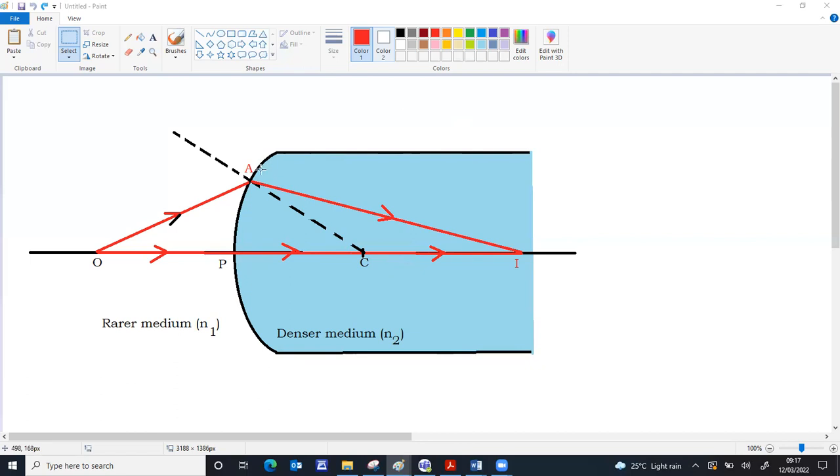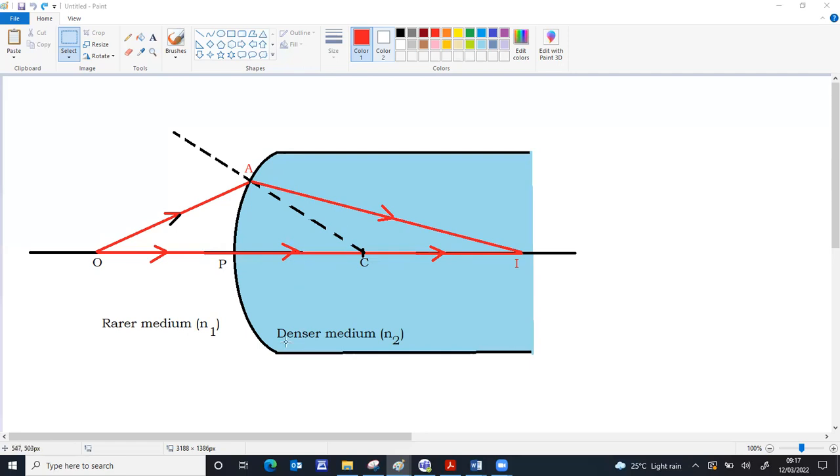The center of the curved surface, the geometrical center, the half point, is P, that's the pole. Any line passing through PC to the right and left represents the principal axis.